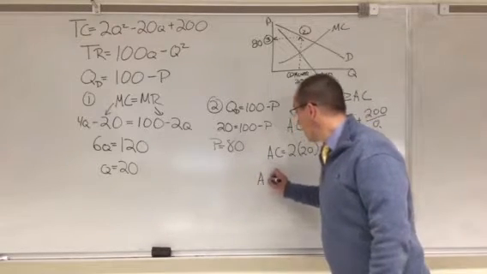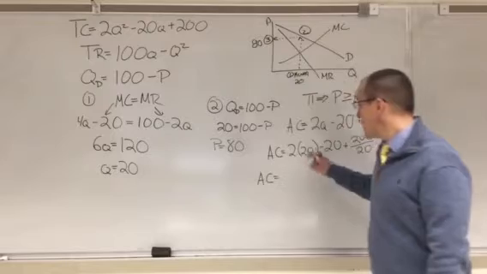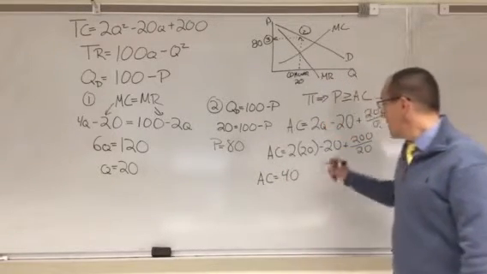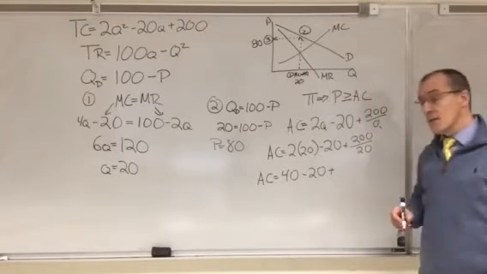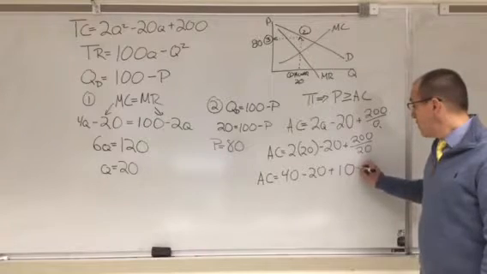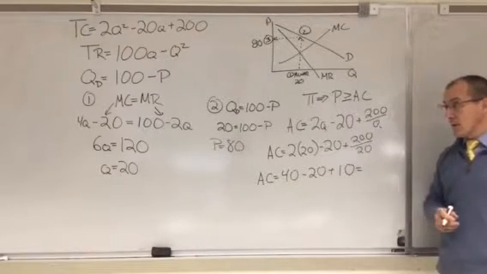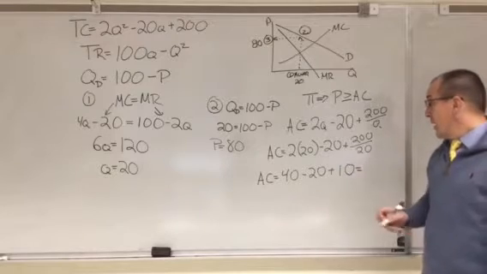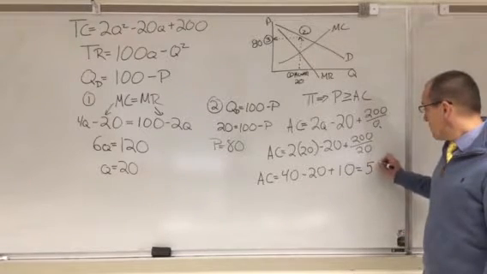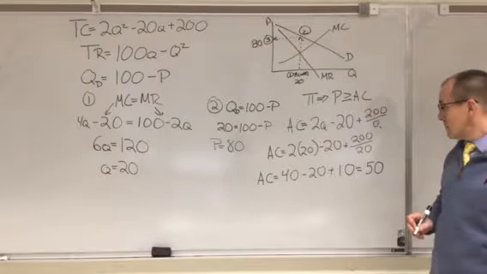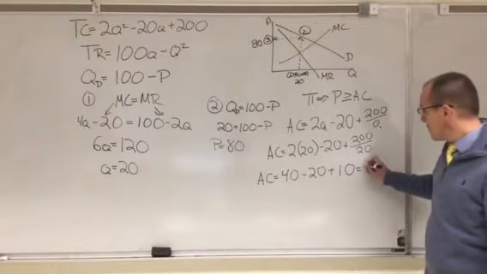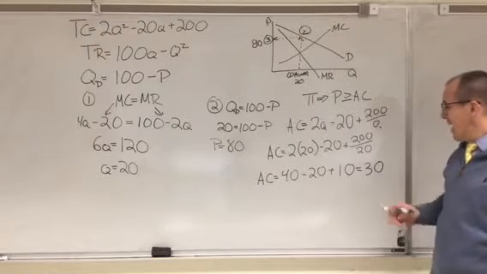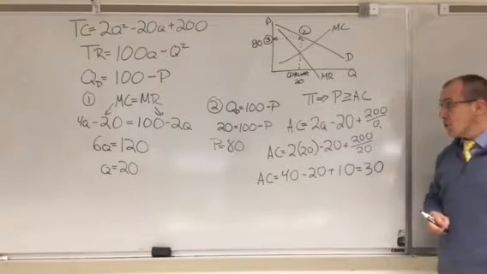This becomes 2 times 20, 40, minus 20, plus 200 divided by 20 is 10, which means that my average cost at that quantity of 20 is 50. Sorry, 30. My mistake. This is what happens when you do it as you're doing it. So my average cost here is 30.